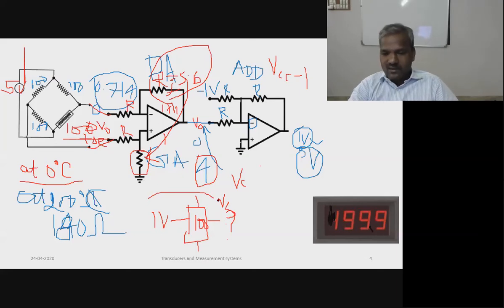So this is a very important concept. We will get a maximum of V saturation. The op-amp characteristics: this is the linear portion, this is the saturation, this is plus V saturation, and this is minus V saturation.